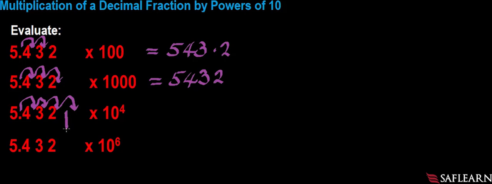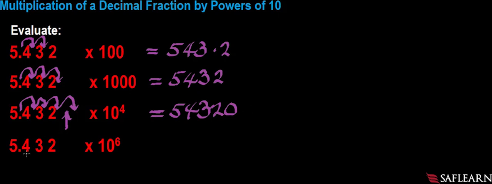So here we have a vacant space. Simply complete with a 0. So that would be 5, 4, 3, 2, 0. Then the decimal point will be placed after 0, but since it's a whole number without fraction, the decimal point is no longer significant, so we forget about it.